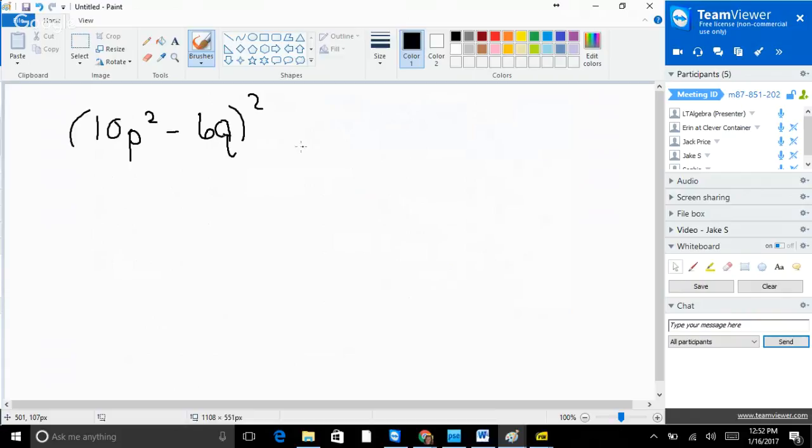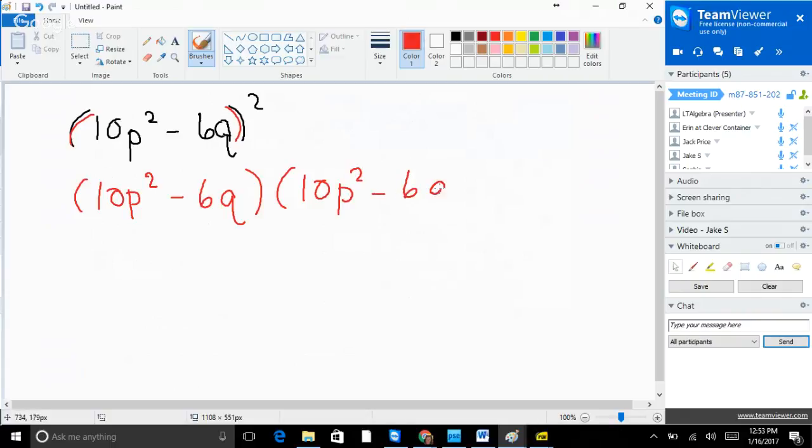So the first thing that you want to do is recognize this whole thing is squared, right? Everything in the red here is squared. So we can rewrite this as 10p squared minus 6q times 10p squared minus 6q.